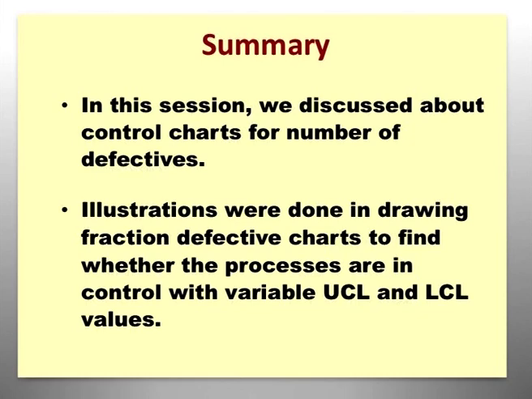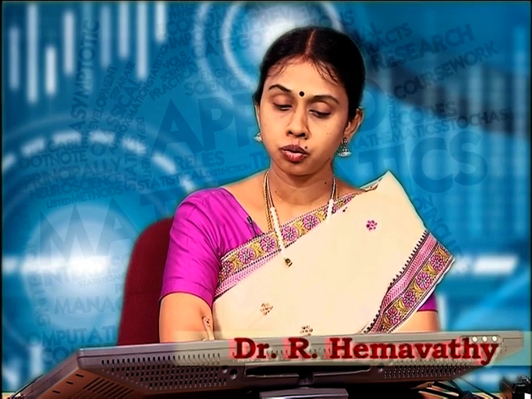In this session we have worked out an example in calculating the UCL, LCL and CL for a number of defectives. We have also drawn 2 NP charts and then calculated the revised control limits, so that the points lying outside the control limits were eliminated and the process was brought under control.